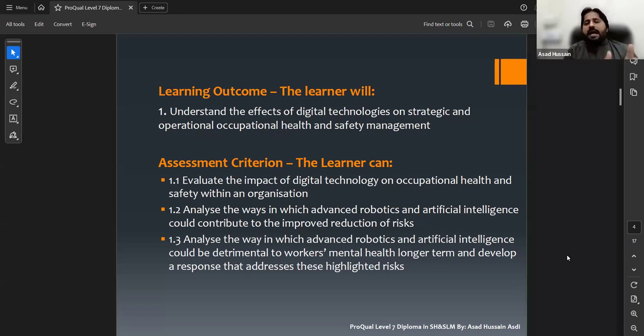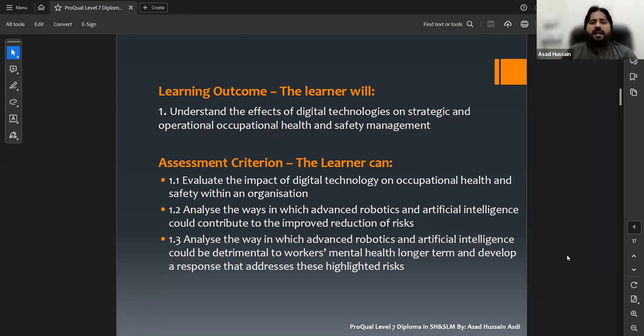You don't have to provide evidence for that, but still there is a chance: if your organization has an advanced robotics and artificial intelligence system in place to improve the reduction of risk, then you can provide evidence of it.